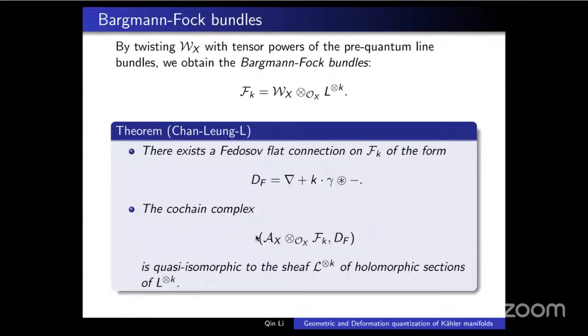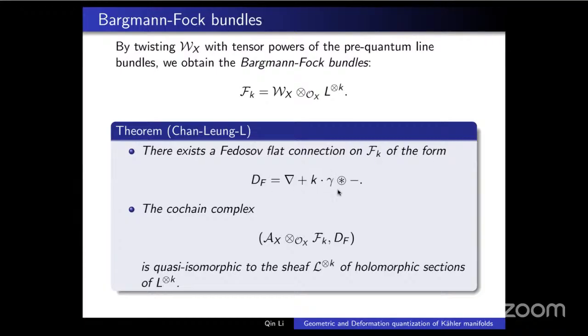Now the Fock bundle is not only this W_X here, but you have to take the tensor product with a certain twisting, which is exactly the pre-quantum line bundle and its tensor powers, depending on this quantum level k here. And so our theorem is that there exists a Fedosov flat connection on this F_k of the following form.